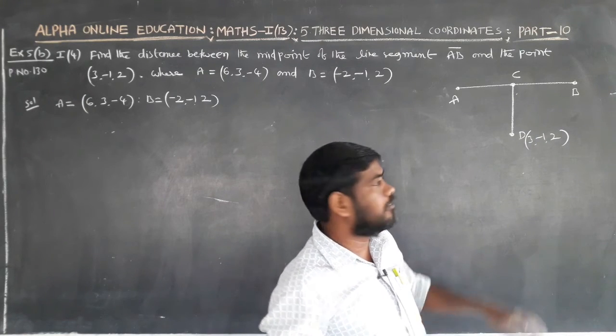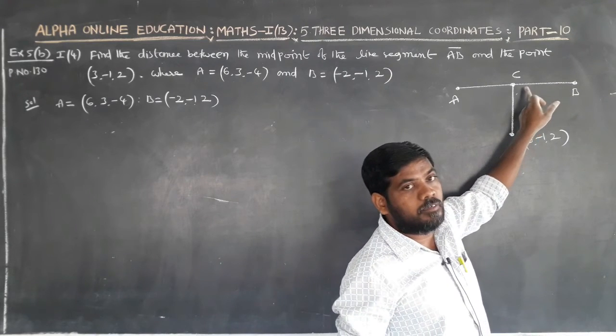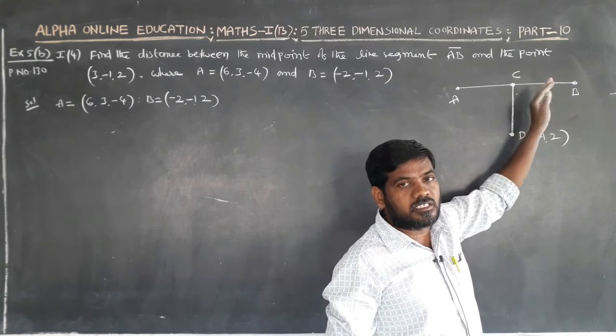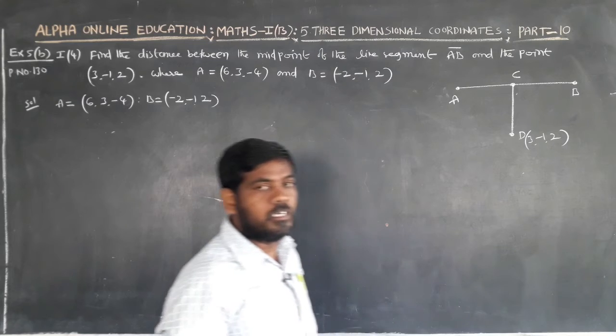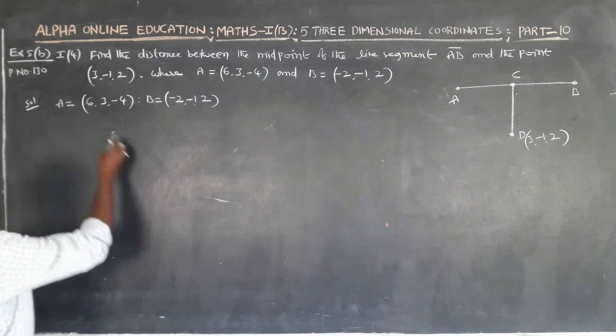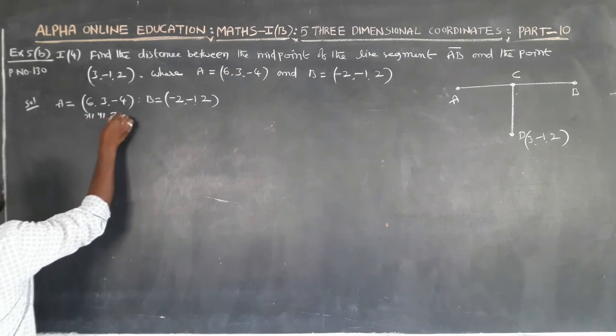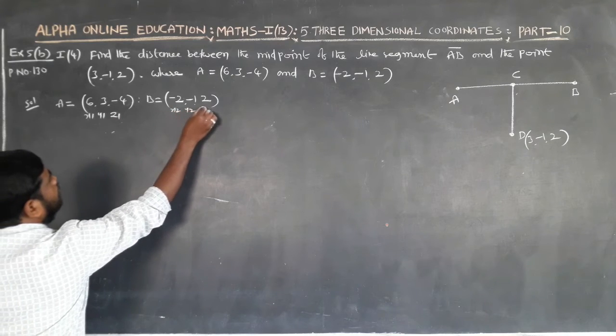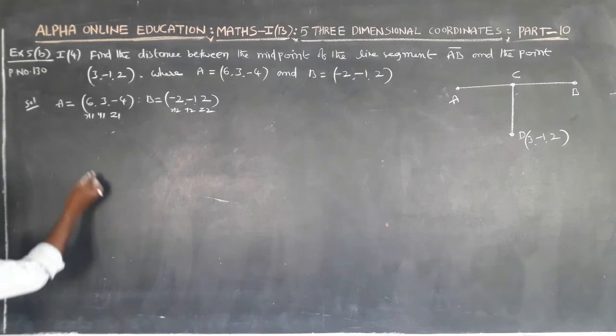First of all, find the midpoint C of AB. Let A be the point (x1, y1, z1) and B the point (x2, y2, z2).